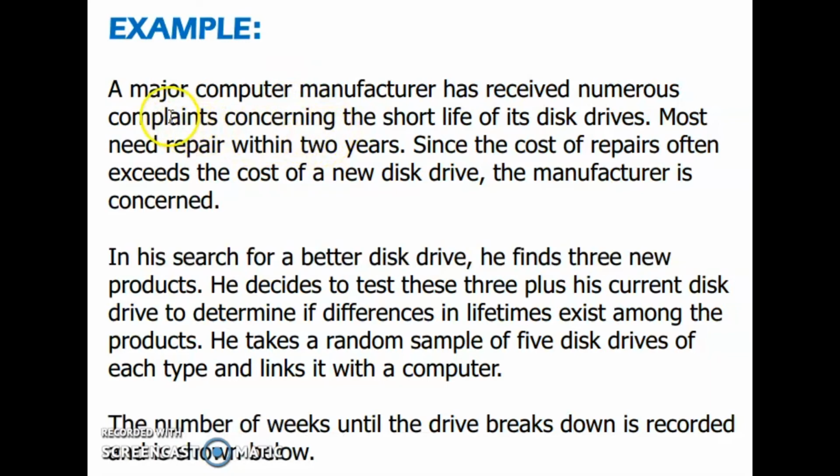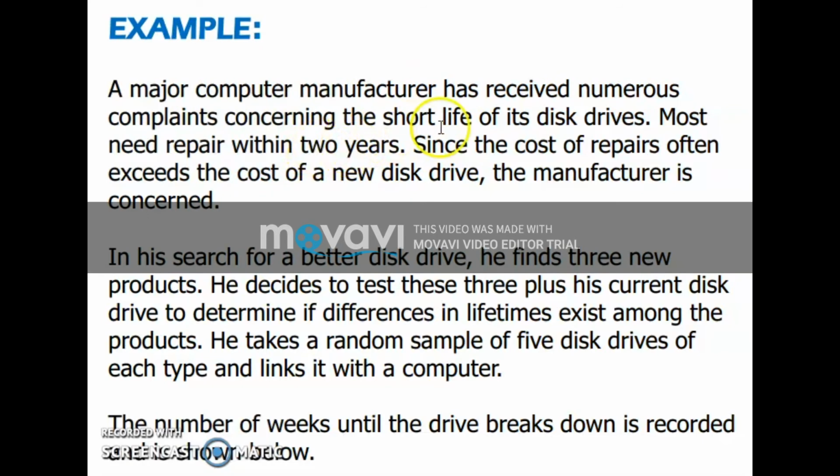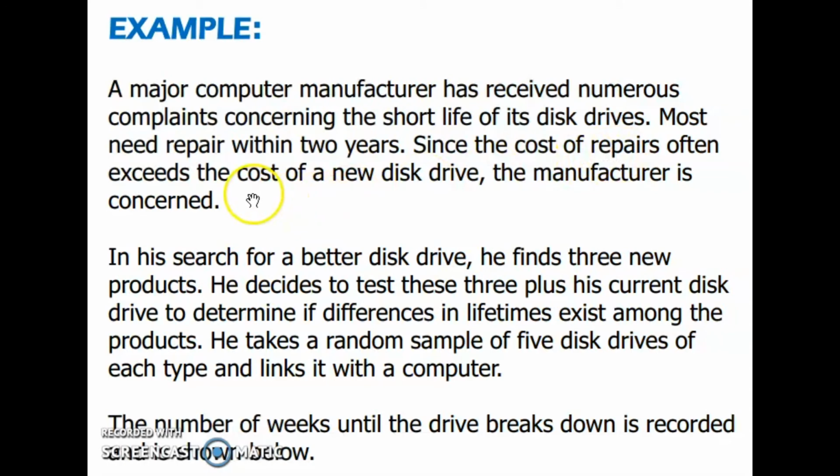Okay, so here, if we read this, a major computer manufacturer has received numerous complaints concerning the short life of its disk drive, and most of these hard disks need repair within 2 years. Since the cost of repairs often exceeds the cost of a new disk drive, the manufacturer is concerned.